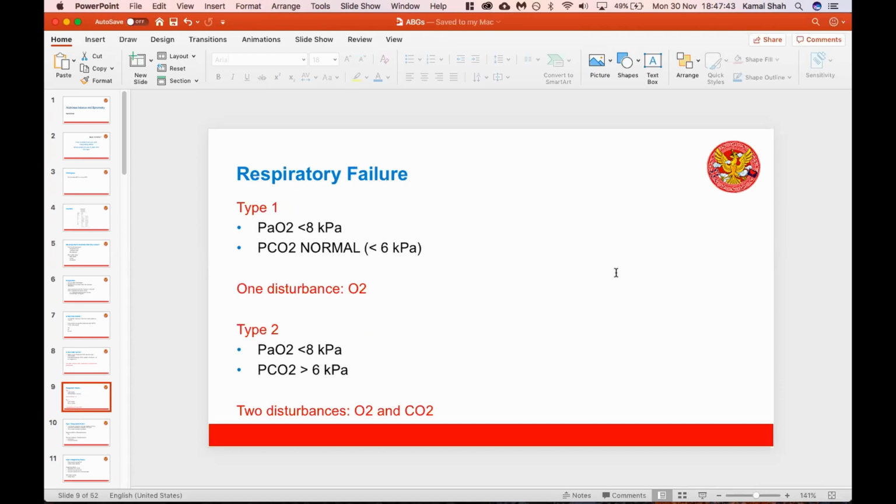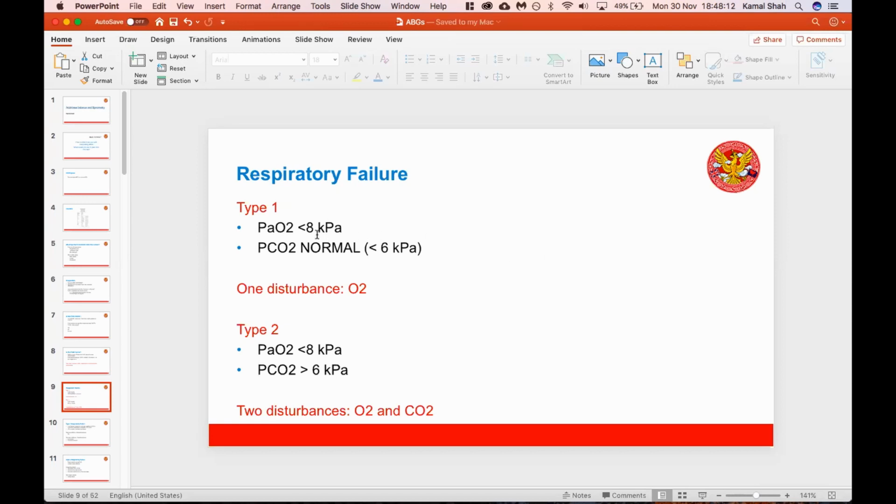So this brings us on to respiratory failure, which is probably something relatively familiar to you from years 1 and 2. We've got two types of respiratory failure, type 1 and type 2. With type 1 respiratory failure, you've only got one abnormality, and that abnormality is in the oxygenation.